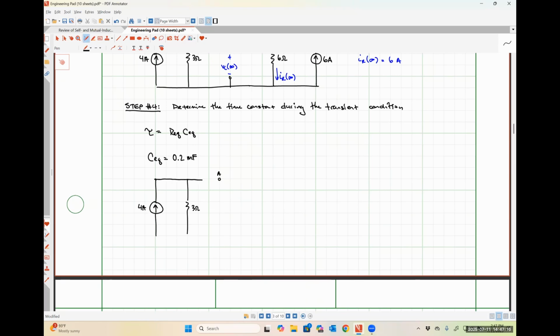Terminal A is open circuited. Here's our capacitor. Since I'm going to wind up erasing it in a moment, I'm not going to bother giving it a value. Here's our 6 ohm resistor. Here's our 6 amp source.